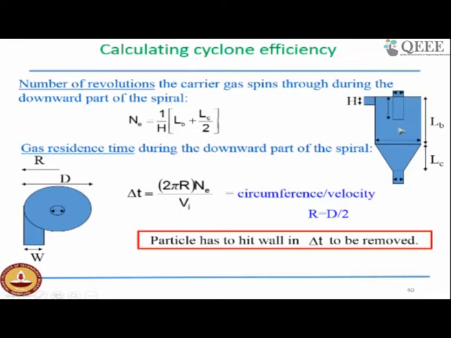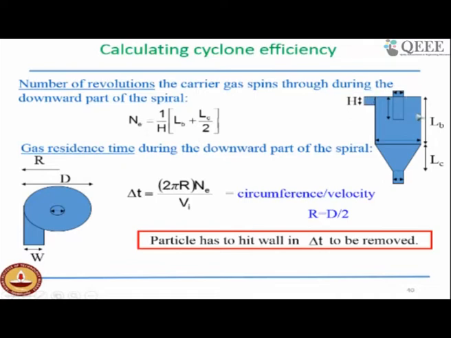So the number of rotations the particles carry out in the cyclone has to be designed. Ne is given in terms of 1 by H, Ld, Lc by 2; these are all dimensions of the cyclone separator. You can use them to calculate the number of rotations.